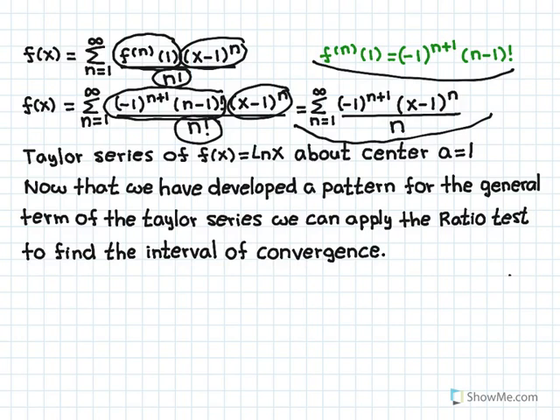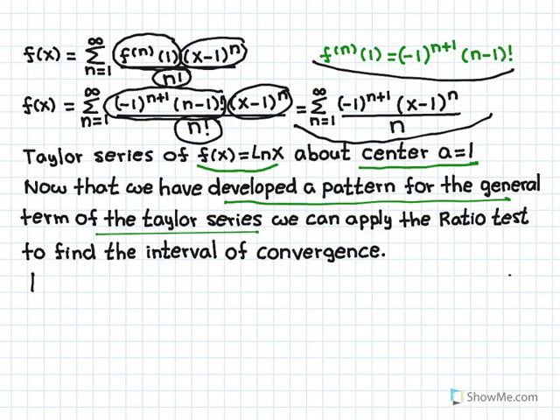Now, we have found the Taylor series of the function f of x equals log x about the center a equals 1. Now that we have developed a pattern for the general term of the Taylor series, we're able to apply the ratio test to find the interval of convergence. So let's do that. We have limit n approaches infinity, absolute value of a sub n plus 1 divided by a sub n.